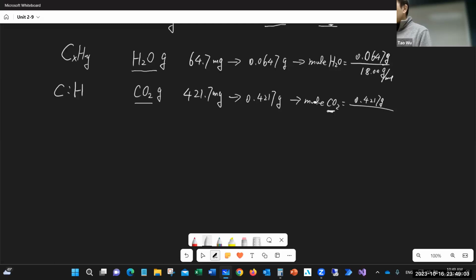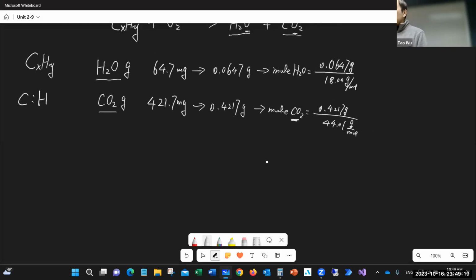So we need to divide by molar mass of CO2, so we can get a mole of the CO2, which is 44.01 gram per mole for the CO2. And then based on this, we can figure out a mole of the CO2 and moles of water.